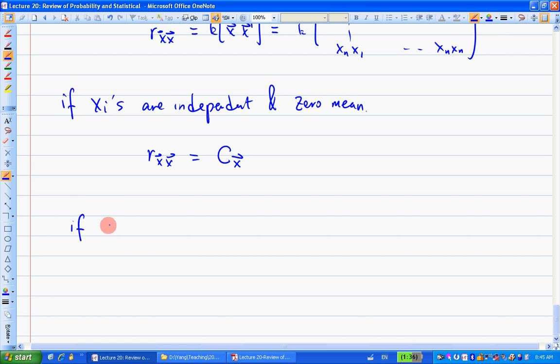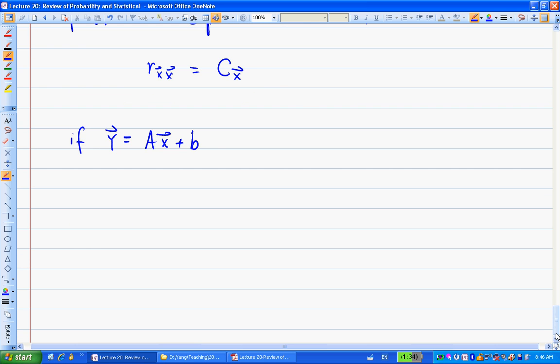If we have y equal to ax plus b, so the random vector y is in a linear relationship with the random vector x, then if I wanted to know the distribution of y, let's say we have the x set here.